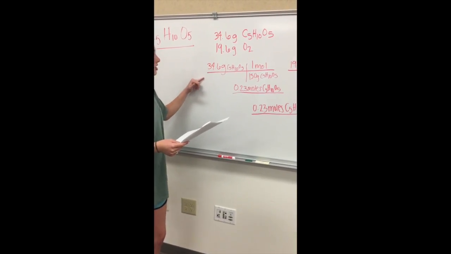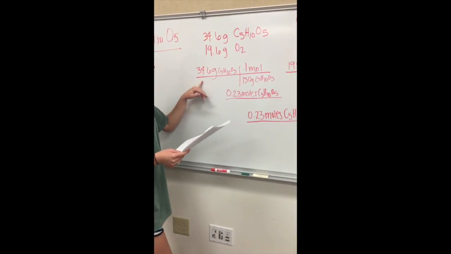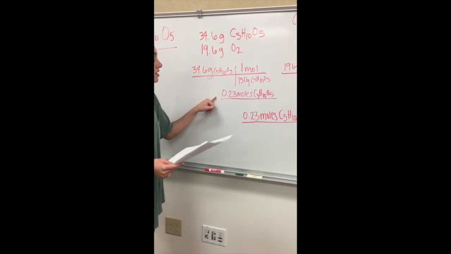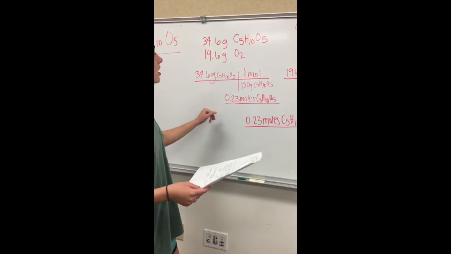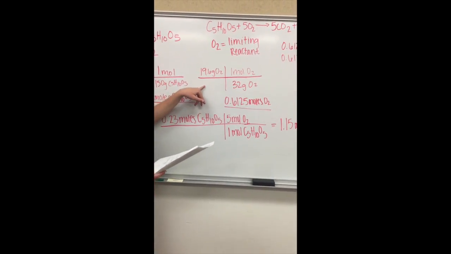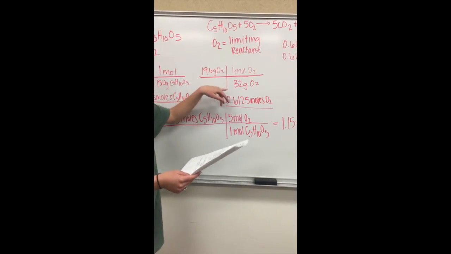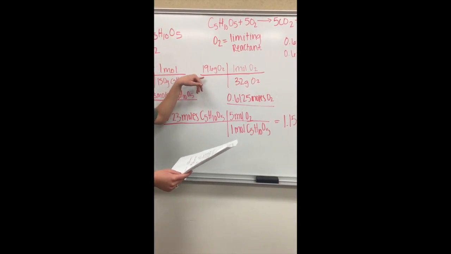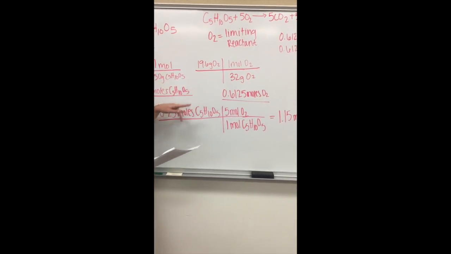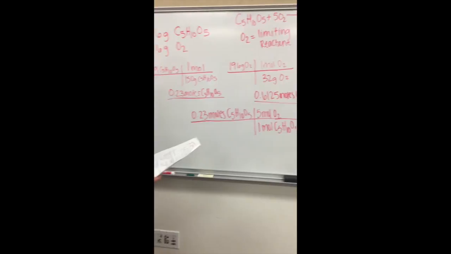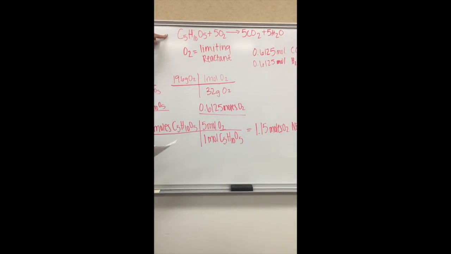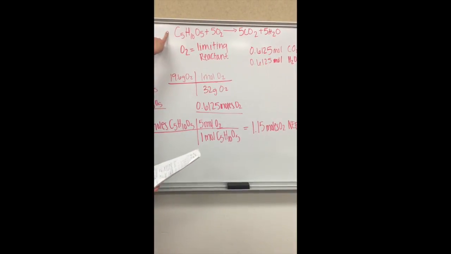So going back through what she did in question 2, we find out that 34.6 grams is equal to 0.23 moles of C5H10O5. And then for oxygen, we know that O2 has a molecular mass of 32 grams. So we find that it is equal to 0.6125 moles.